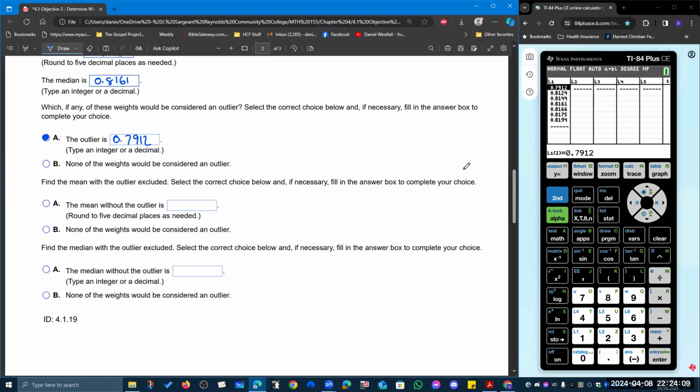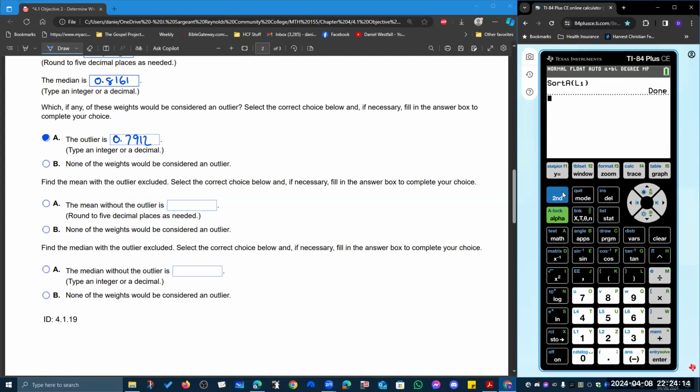So we're going to take that out of the data set now and run this calculation again, where we find the mean and median.